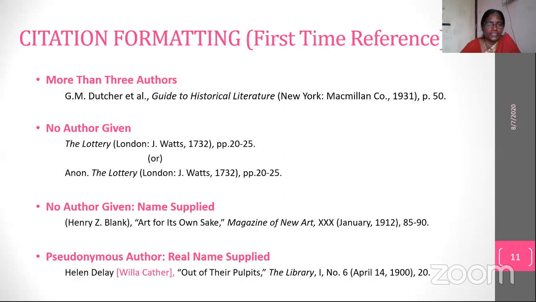The name of the work is there: Art for its own sake. So in this case, suppose it is possible to identify the name of the author in a way or other, we can identify the author and place it in the bracket, the ordinary bracket, not in the square bracket. The rest of the things are the same. So that is supplied name.